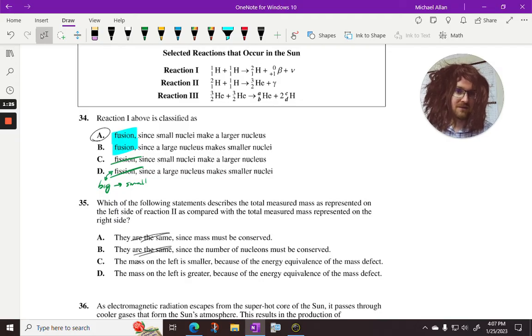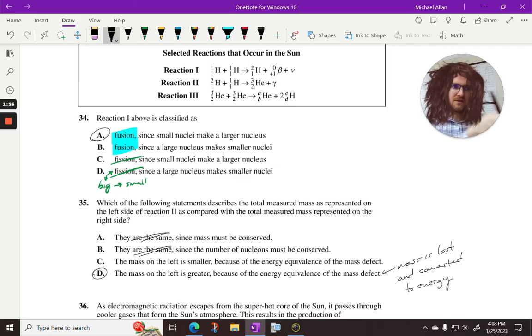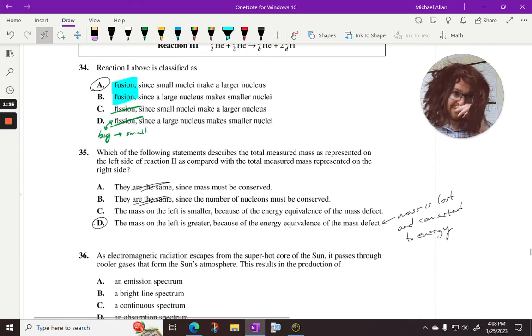The mass on the right is going to be smaller because mass is lost and converted to energy. So the left has more mass, and has less mass on the other side. So where did it go? It became energy. All right.